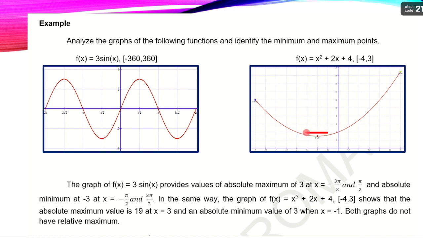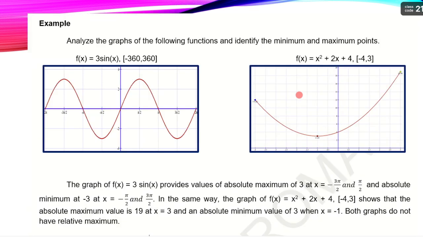This is the relative minimum and this is the relative maximum. But in this particular graph, since it's in the closed interval, we can say that this is already our absolute maximum and this is the absolute minimum. So, both graphs do not have relative maximum, because they are closed intervals.